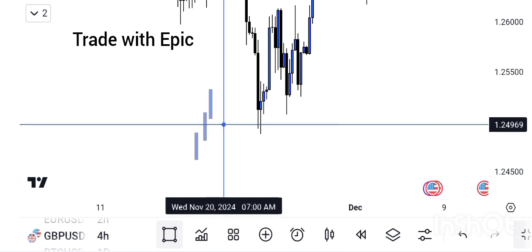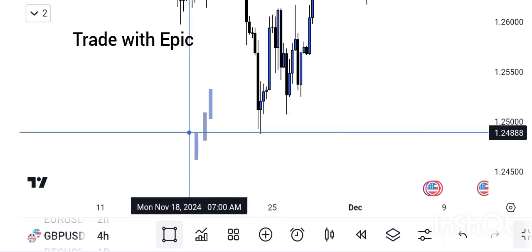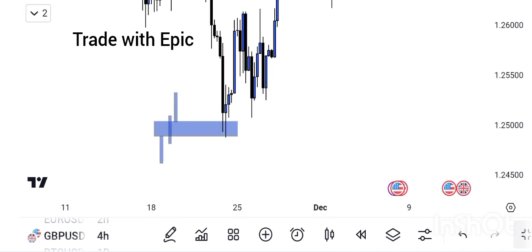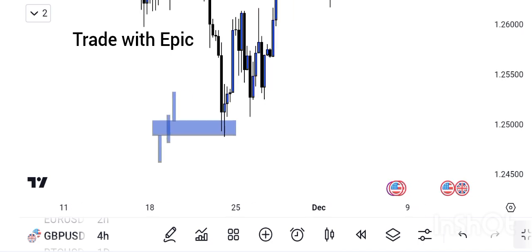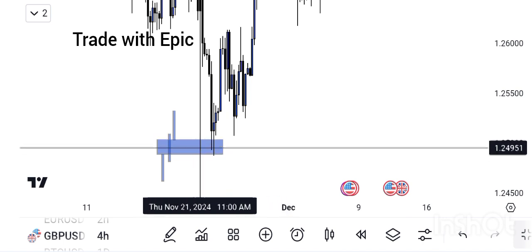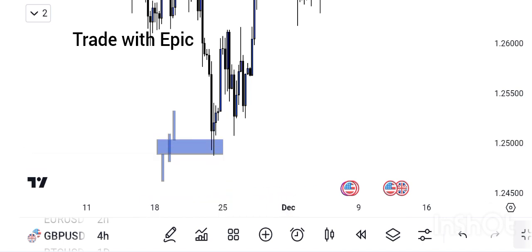The space between these three candles, from this top to this low, is what we call a fair value gap, the gap between three candles. This gap is what we use to catch any trade.